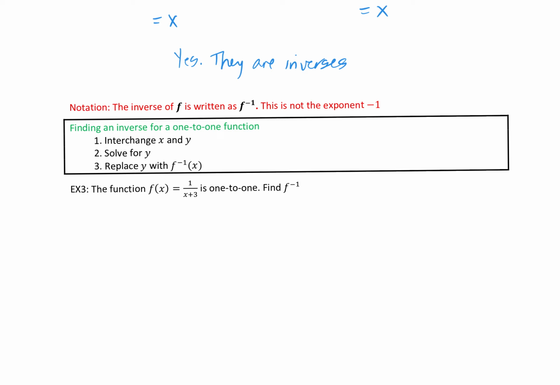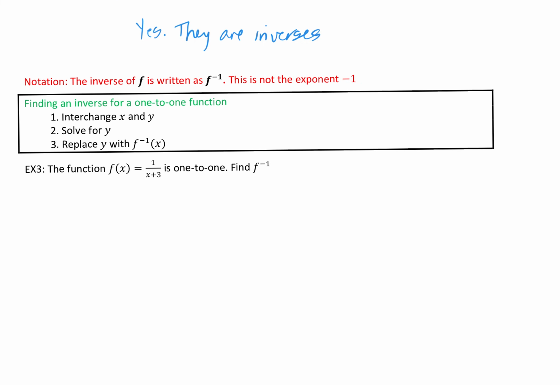If you wanted to write a function to the exponent negative 1, this is how you would do it. First of all, f with the negative 1 before the x, that's an inverse.